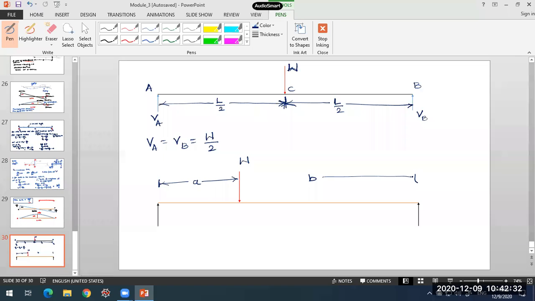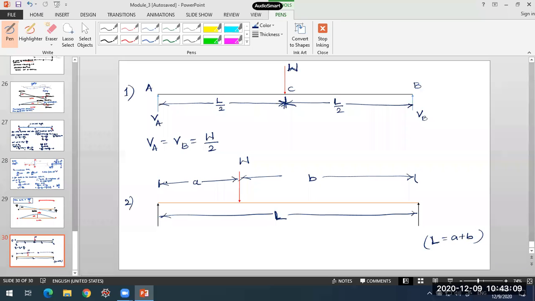The two distances are not the same, A and B, and this is the total span L. Please keep working on this practice problem and the assignments I have given. Later you will have to submit them.